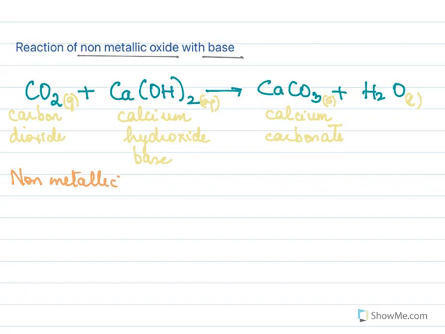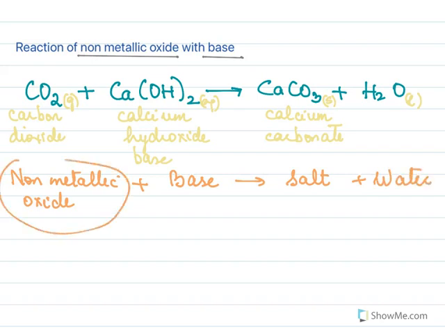So we can say now that a non-metallic oxide, an oxide of a non-metal, reacts with a base to give salt plus water. So what is the nature of this non-metallic oxide? Is it acidic or basic in nature?